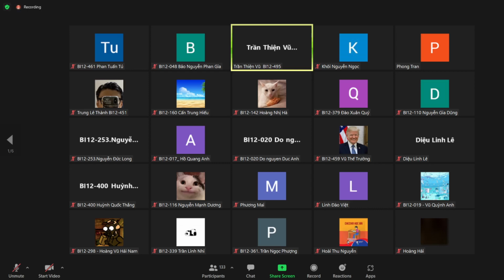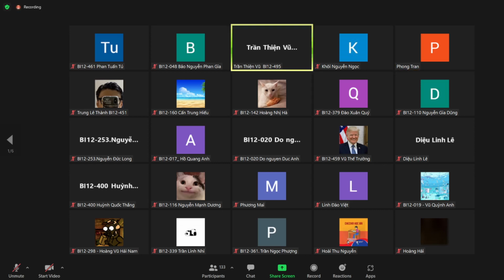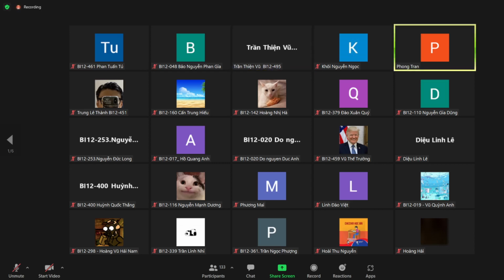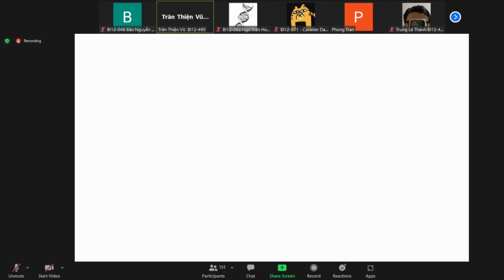May I speak in Vietnamese? Okay, try in English, please. So first, I draw the Lewis structure of NO, and then on nitrogen there will be left one single electron and then one pair of electrons, and I just give the electron pair to the other oxygens. Okay.